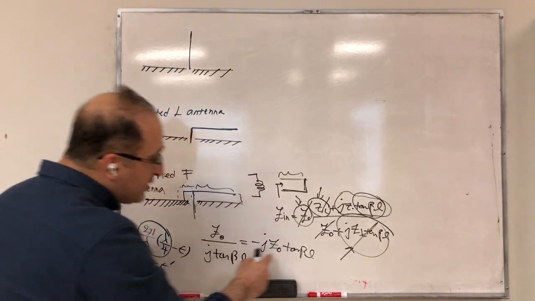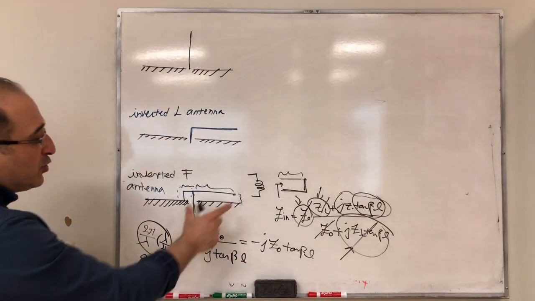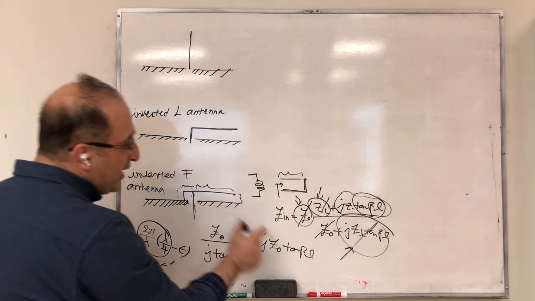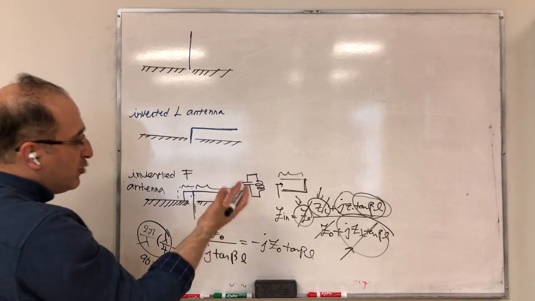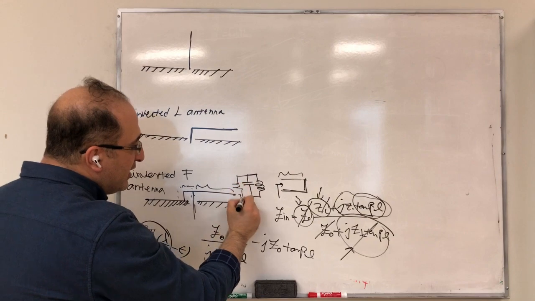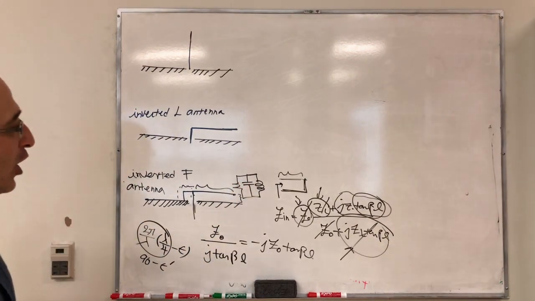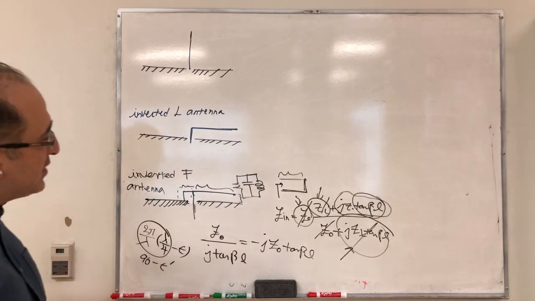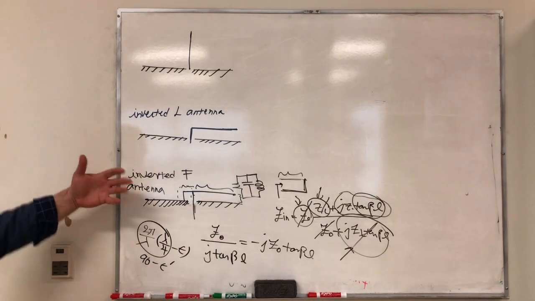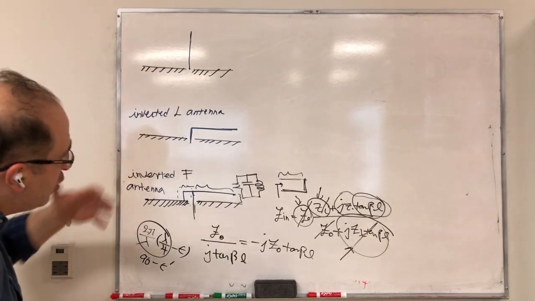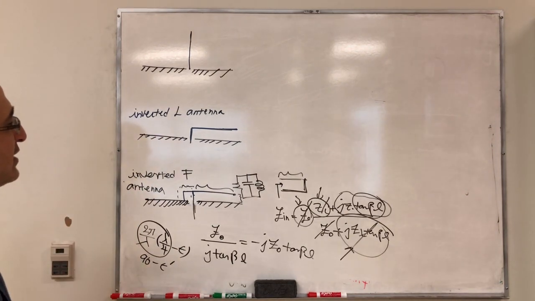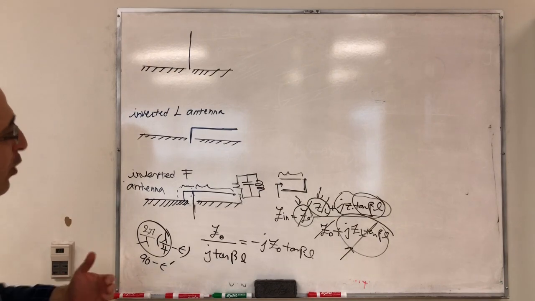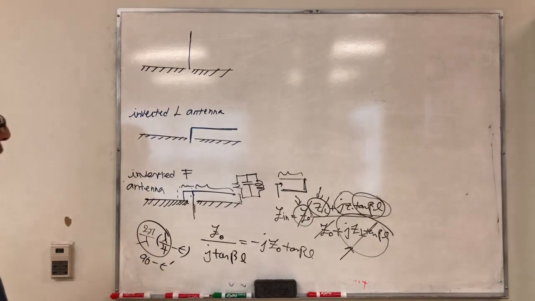Because the tangent is positive and you have a minus j here, this is going to be like a capacitor for you. And then if this structure radiates, you essentially have a resistor, the radiation resistance, and you get your RLC model demonstrating this structure. But anyways, sometimes you have an antenna and you go to different evolutions of that to get the things that you want for it. And then you always pay a price for something, and that's one type of evolution.